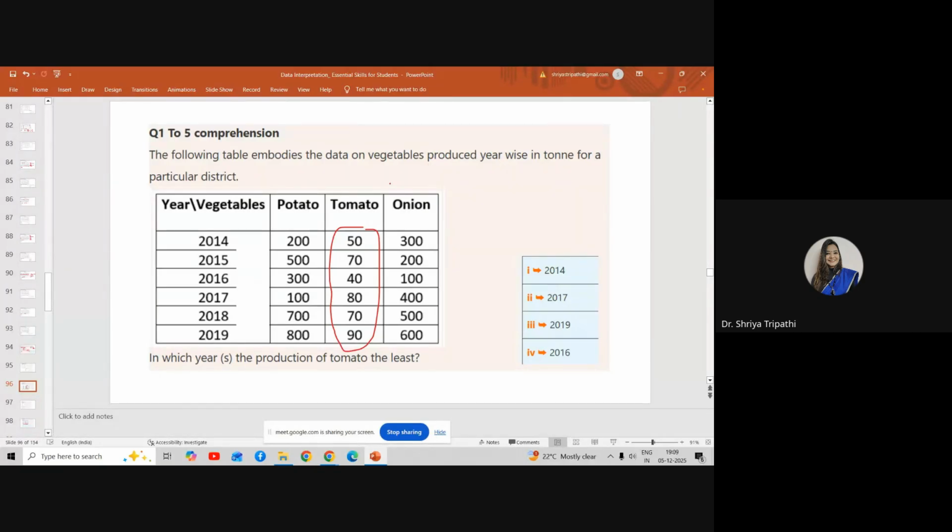Very good. Here, 40 is the least. 2016. My right answer is 2016. Option number 4. Okay.